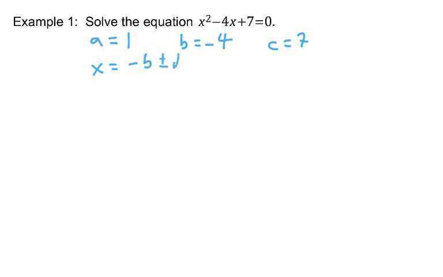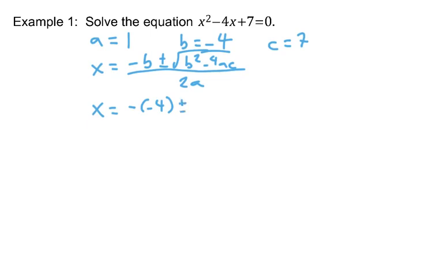Negative b plus or minus the square root of b squared minus 4ac all over 2a. Okay, now plugging everything in, negative b is negative 4. So notice that there's a double negative there.